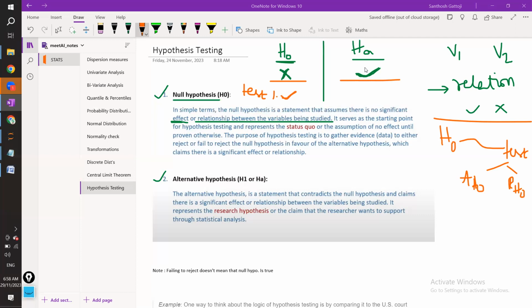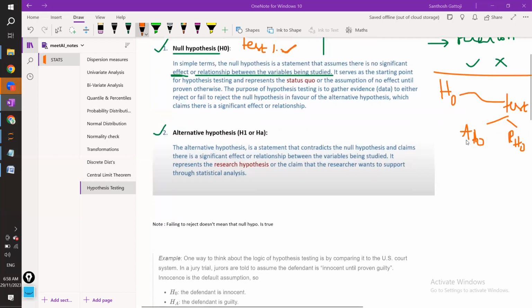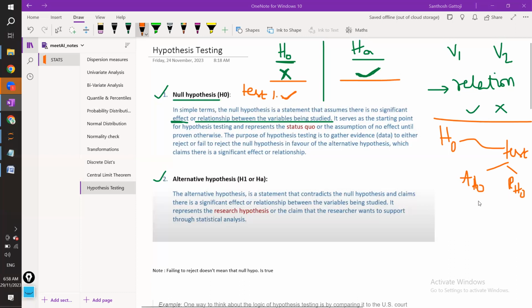That's the reason, because from the test, if I accept the null hypothesis, I'm rejecting the alternate hypothesis automatically, correct? But if I reject the null hypothesis, I'm accepting the alternate hypothesis automatically, because one of those statements should be true. Agree?